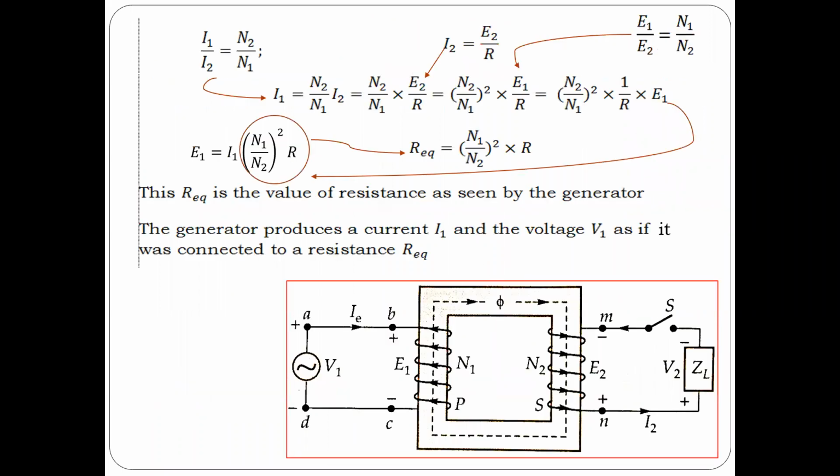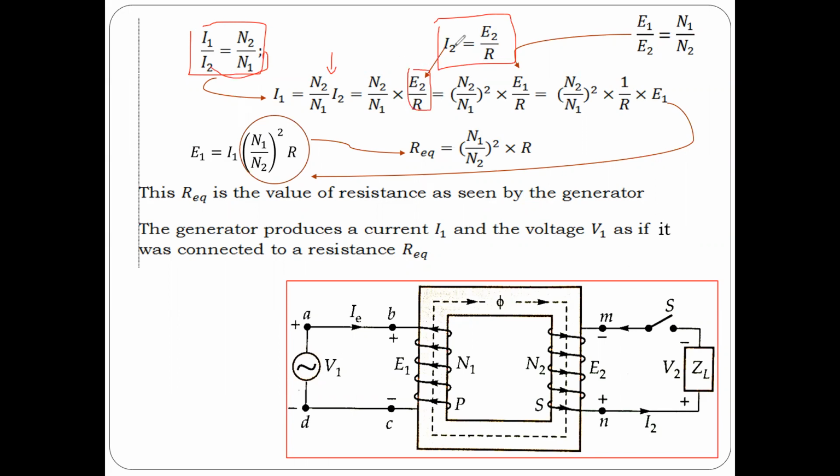Moving further, if this is true, I can take I2 to this side, and it becomes something like this. For I2, I can write E2 upon the load R on the secondary circuit.